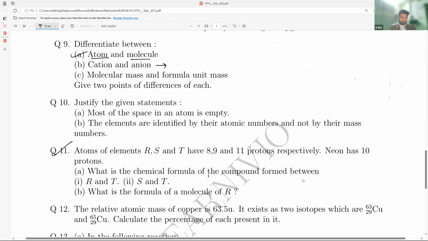I don't know the unit mass properly, but molecular mass is adding the masses of the atoms.